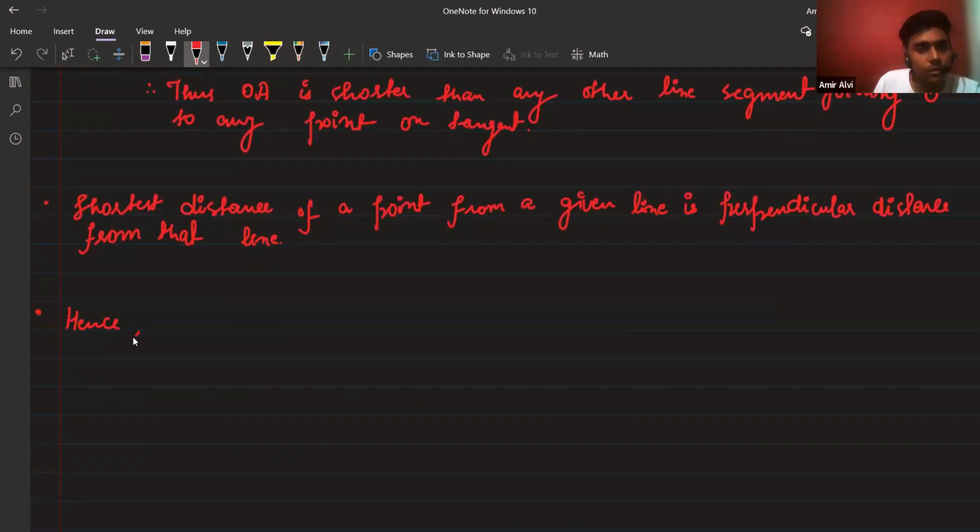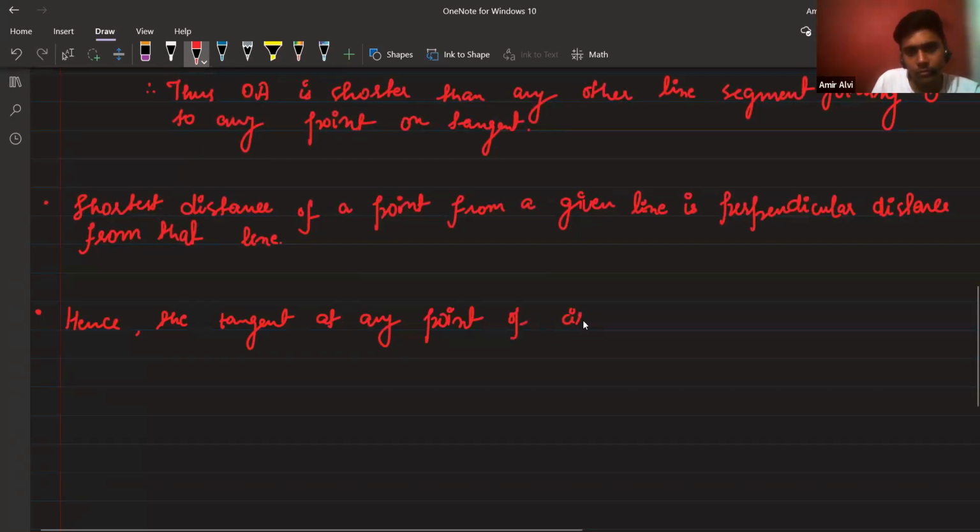Hence, the tangent at any point is perpendicular to the radius.